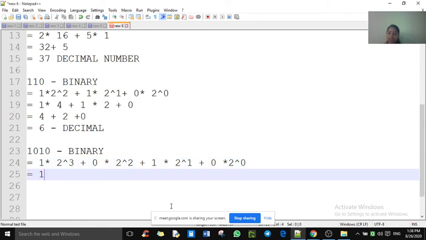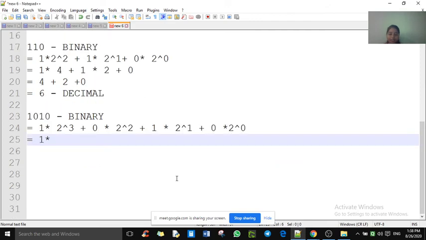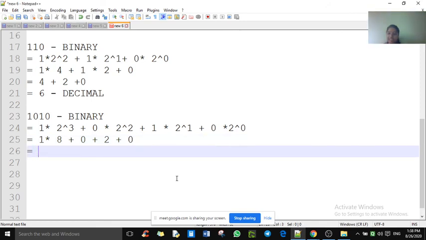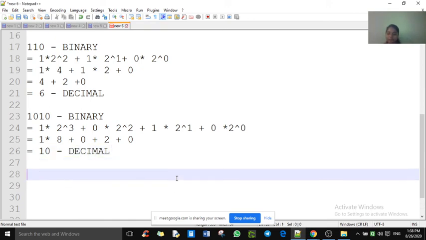So now tell me the next step. 1 into 8 plus 0, very good, plus 2, very good, plus 0, correct. So the result is 10. And 10 is a number belonging to which number system? Decimal. Correct.